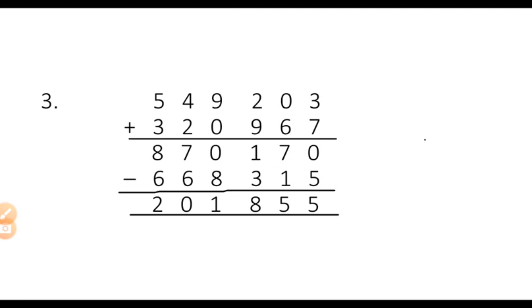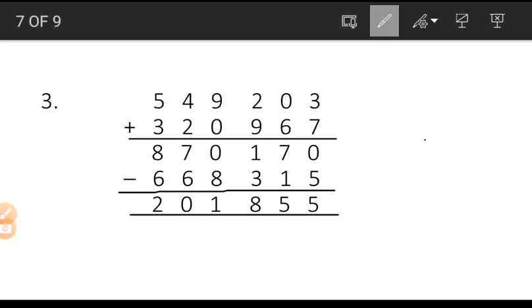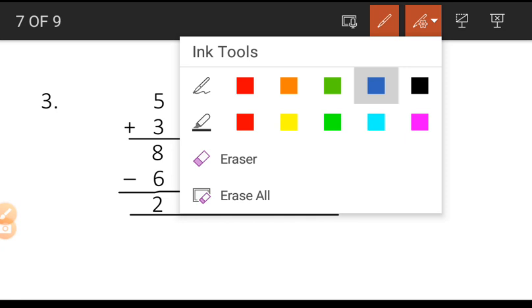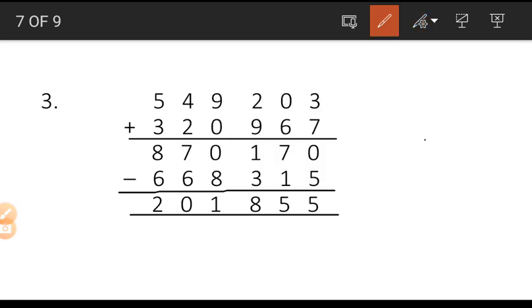3 plus 7 is a 10. Put down 0, carry 1. Well, 1 plus 6 is a 7. 2 plus 9 is 11. Put down 1, carry 1. 1 plus 9 is a 10. So we put down a 0, carry 1.